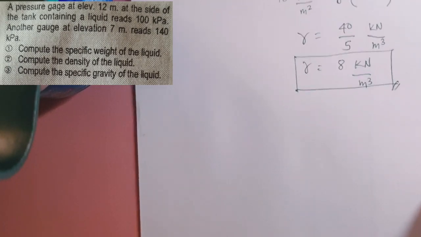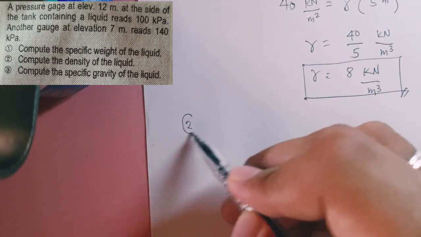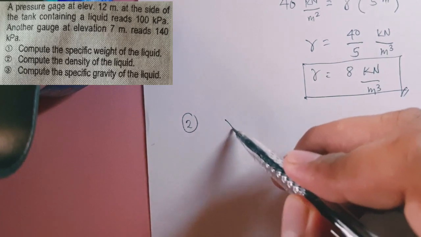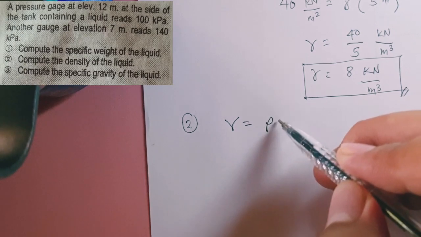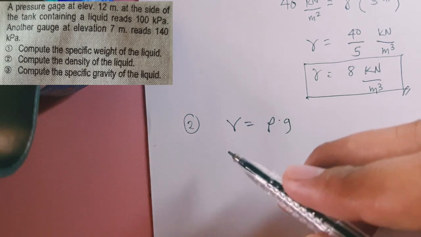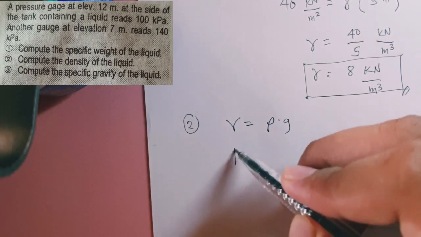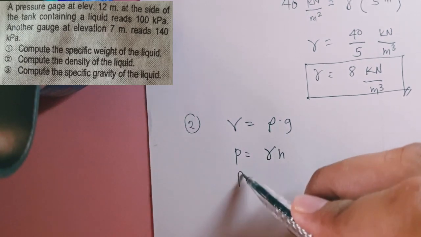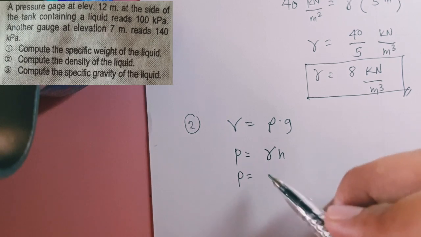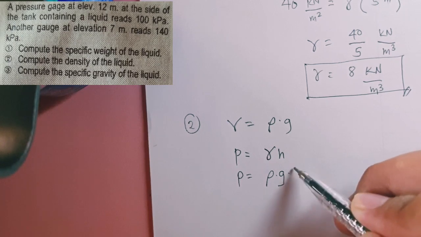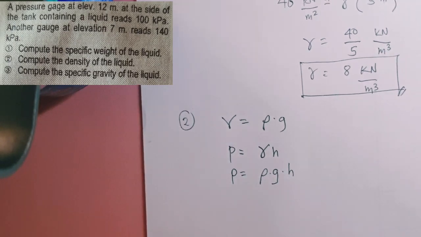So proceed ta sa number 2. Number 2, compute the density of the liquid. So unit weight is density times acceleration due to gravity. Since pressure is gamma times height, so pressure can also be written as density times acceleration due to gravity times difference in elevation or the height of the liquid or the fluid.